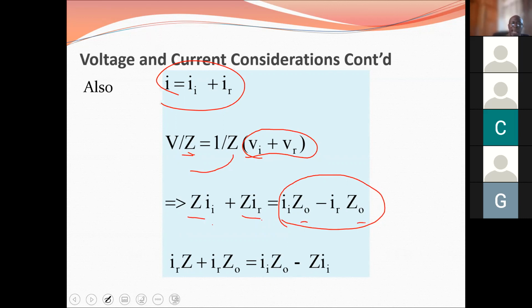All right. Again, we simplify. Our objective here is to find what the reflected current is, or what portion of the incident current is reflected. So we simplify this.